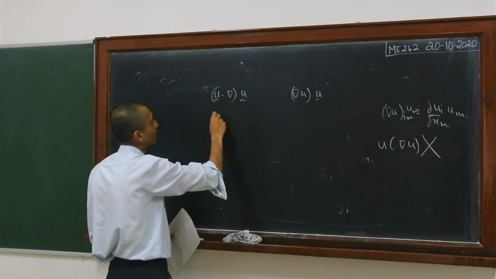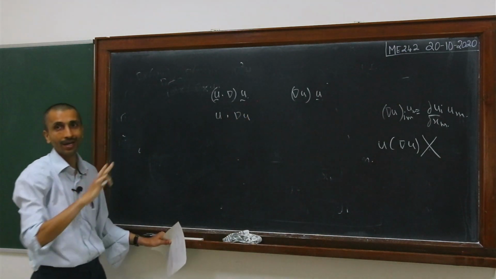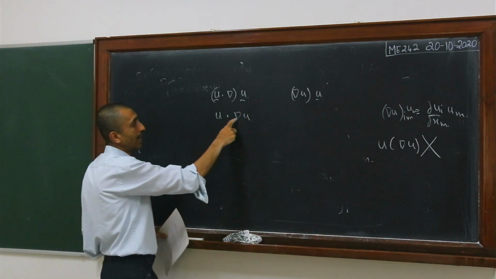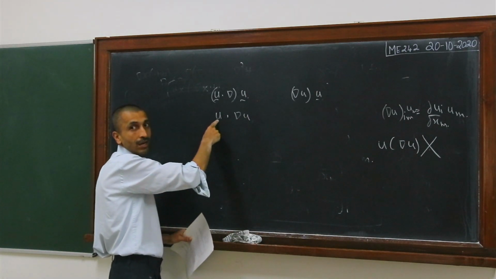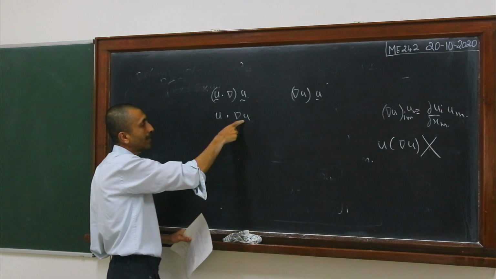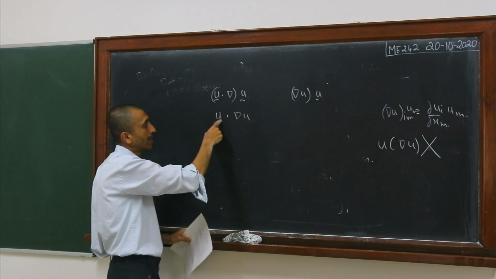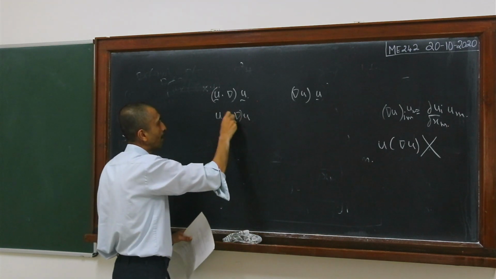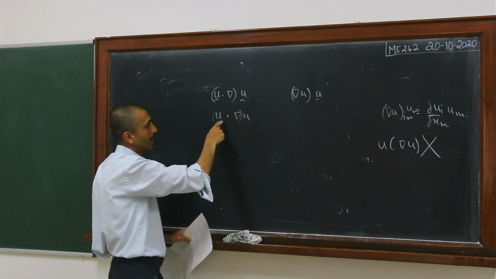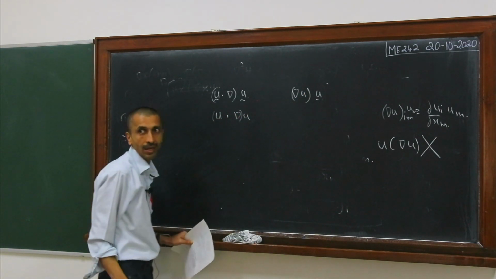But if you don't put the parenthesis, then it is actually quite meaningless if you write it like this. Because this del u is a second order tensor, and u is a vector. So it does not make any sense to write it like this. It appears as if you are taking a dot product of a vector with a second order tensor, which is completely incorrect. So at least you have to put a parenthesis, but even better than this is to write it in the correct way tensorially, in this particular way here.